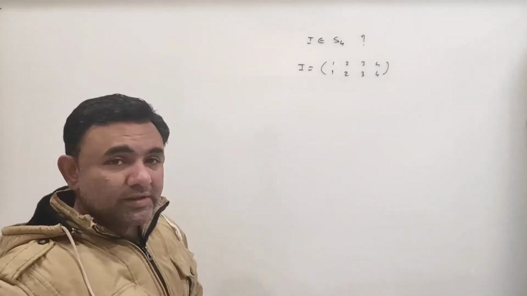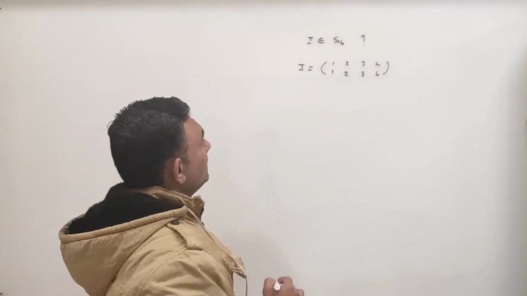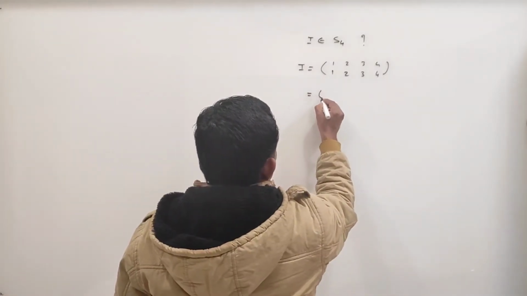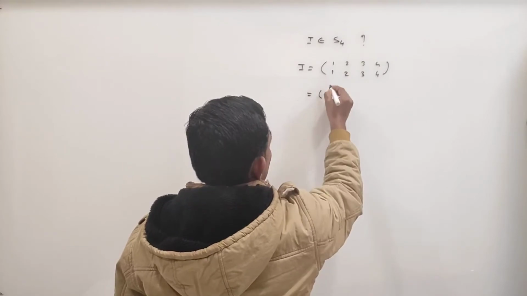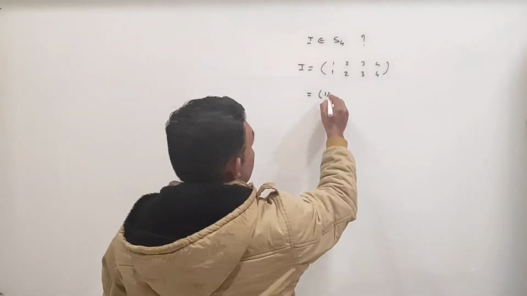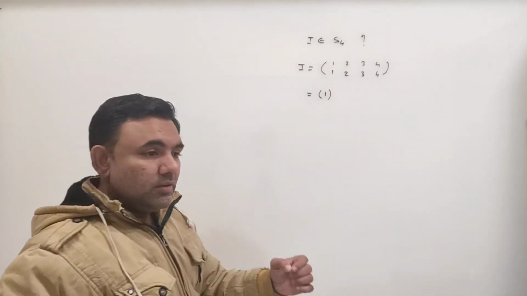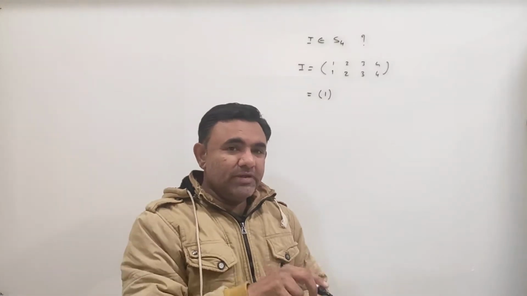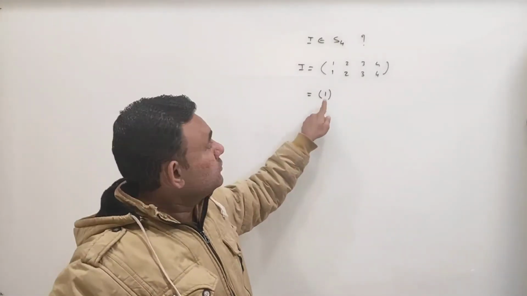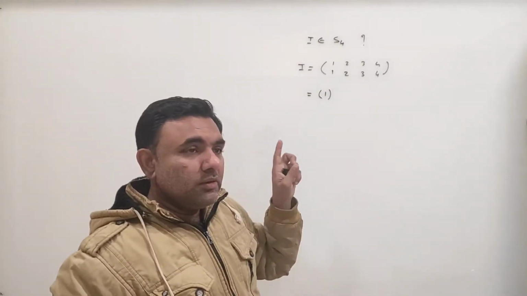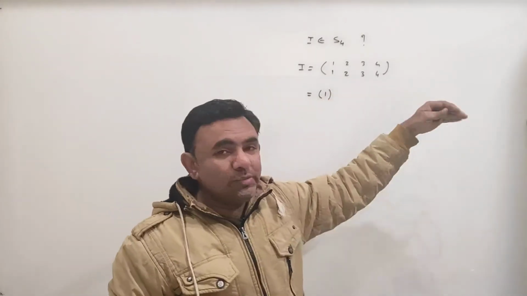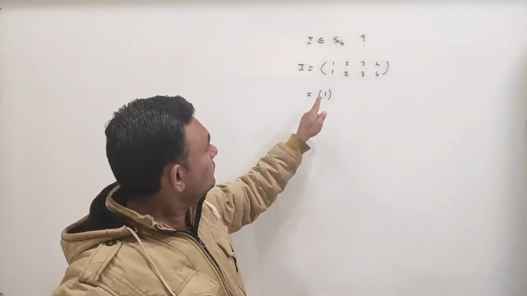So whether it is a cycle or not, let us see. You start with 1. So 1 goes to 1. So stop. When we come back to where we started, then we stop. So 1 goes to 1 and the remaining elements should be as they are.